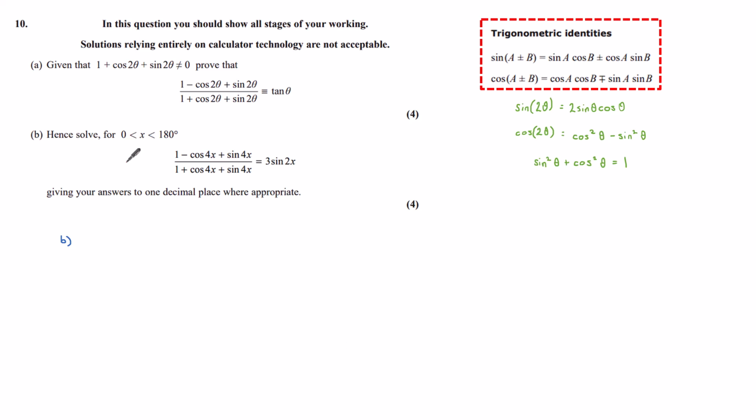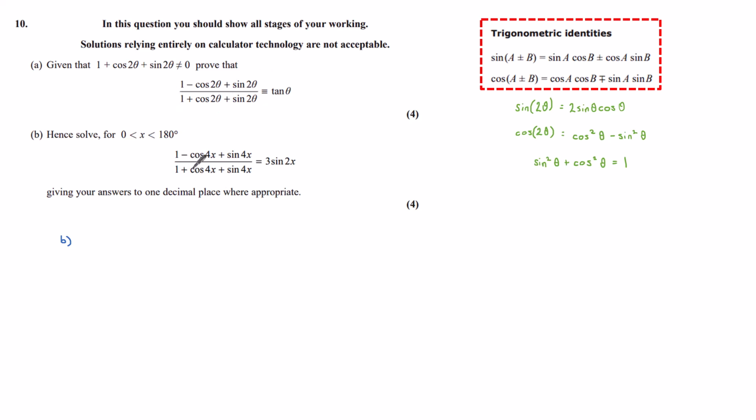Part B, hence solve this expression is equal to 3 sine 2x, giving your answer to one decimal place where appropriate. Now, quite often these will involve part A. So if we look, these are very similar.